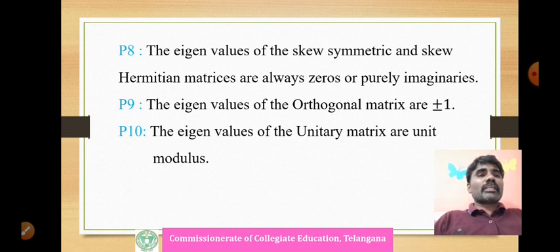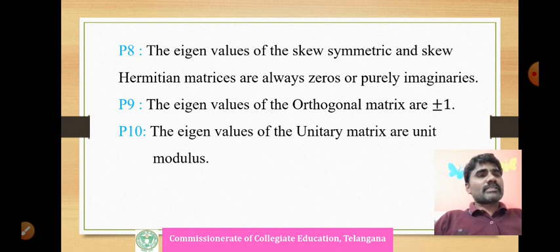And the eigenvalues of a unitary matrix. In the case of complex numbers, the eigenvalues of a unitary matrix are of unit modulus. That means their modulus is 1. In the case of an orthogonal matrix also, their modulus is 1, because the eigenvalues of an orthogonal matrix are plus or minus 1.